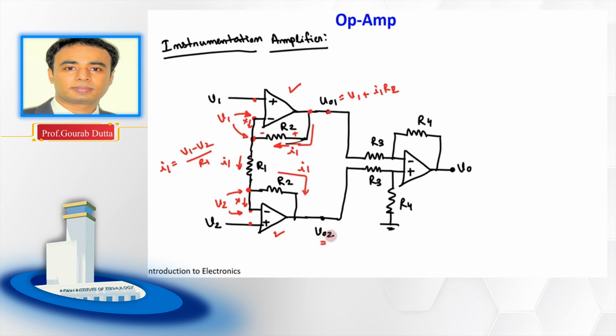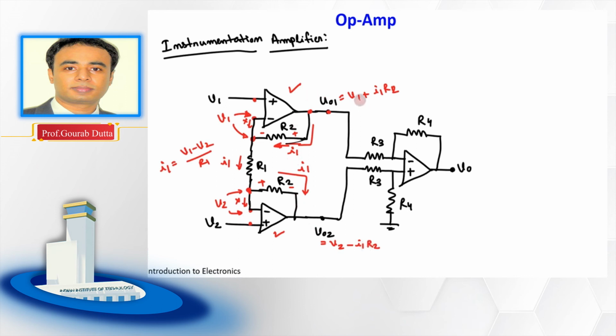Right. Now here this is VO2. Similarly, here it is V2 and the current is flowing like this. So it is V2 minus I1 into R2, right? So it is V2 minus I1 R2, right?